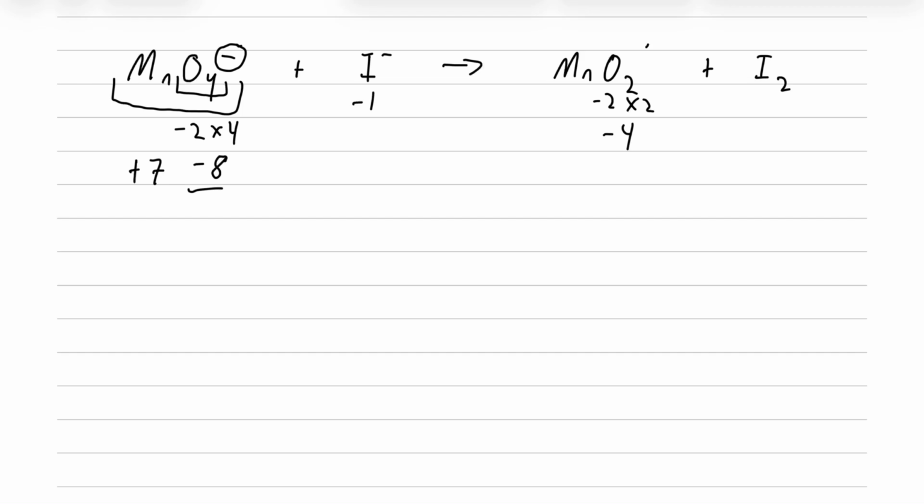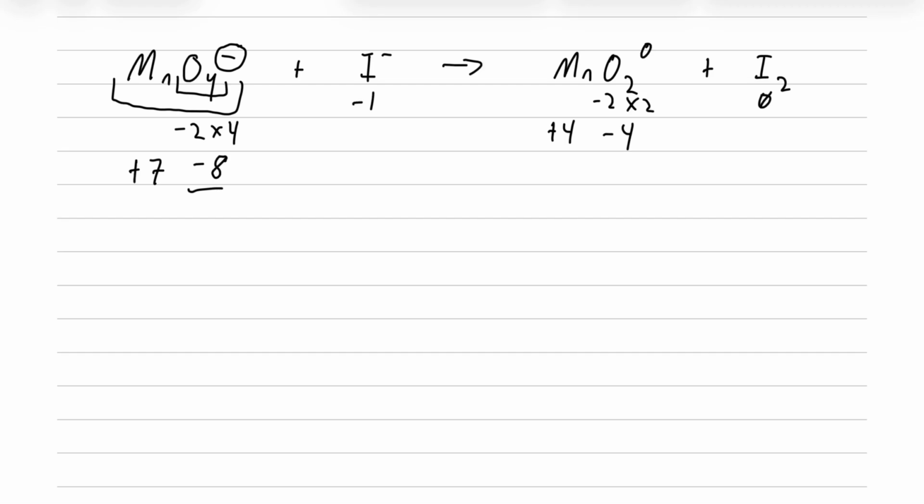The overall charge is 0, this is not an ion. So this is the more simple case where we just need the same amount in the opposite sign to equal 0. 4 minus 4 is 0. So we know manganese there is +4. And iodine gas, of course, is elemental, so it's 0.